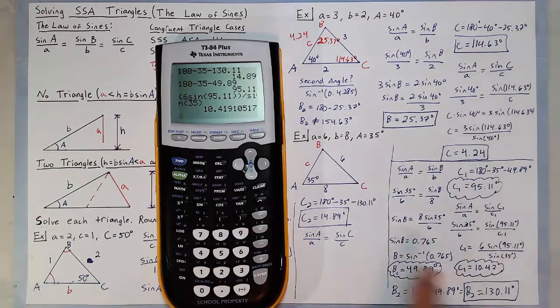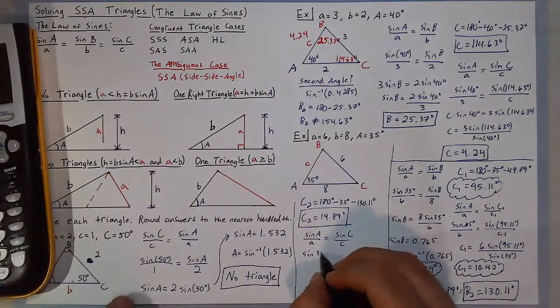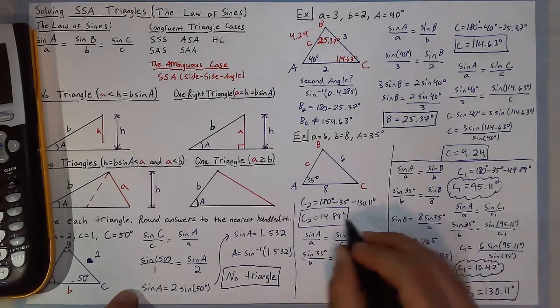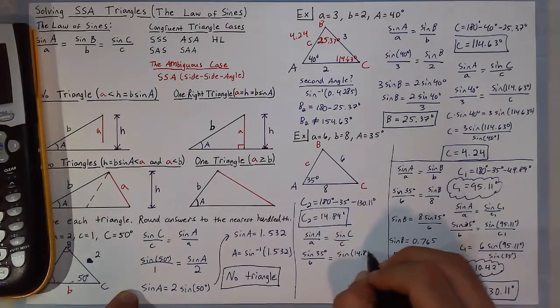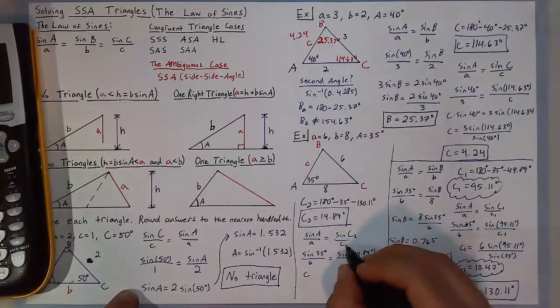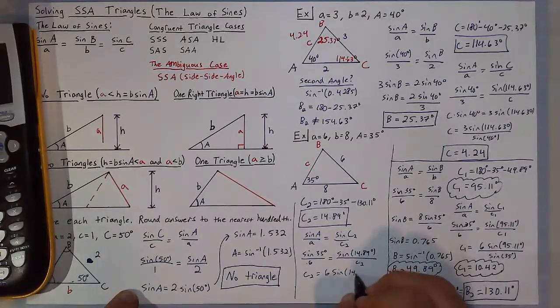10.42. But for my other version of the triangle, I get that sine of A, which is 35 degrees over 6, is equal to sine of, now I'm using 14.89 degrees over side C, which is the second triangle. So let me label all that C2. C2 will equal 6 times sine of 14.89 degrees all over sine of 35 degrees.